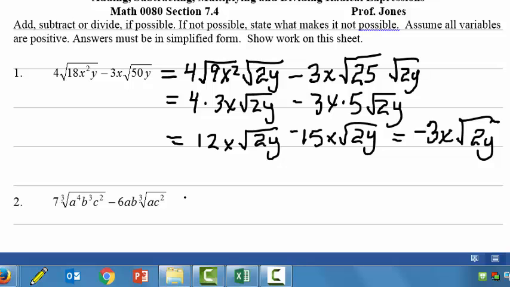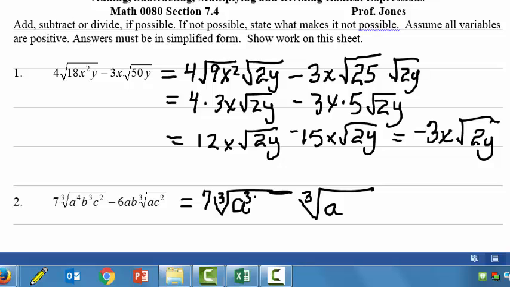Now we have to do a similar thing here with this cube root. Now we're interested in the perfect cube factors. So a to the 4th is not a perfect cube, but it contains a factor of a to the 3rd, which is. So a cubed multiplies by a to give a to the 4th.